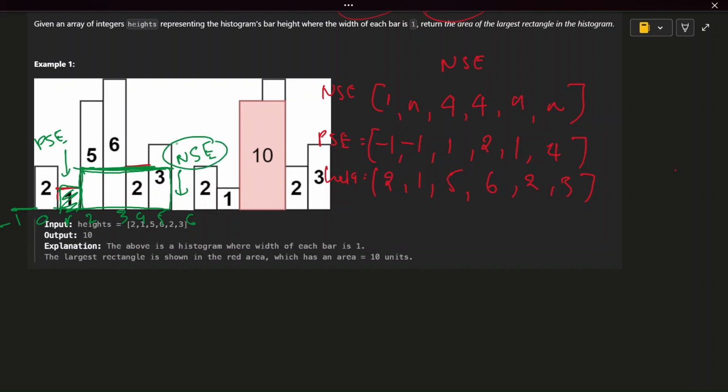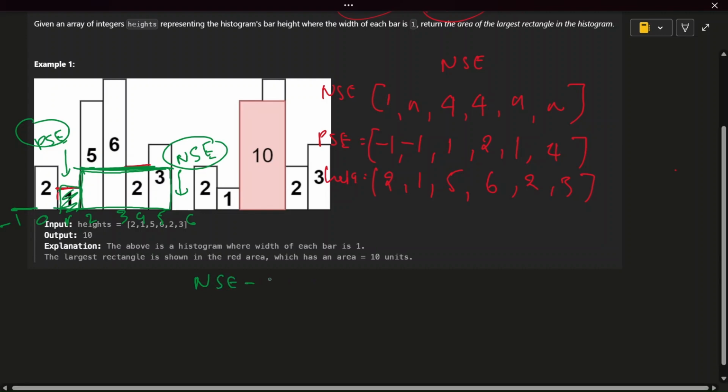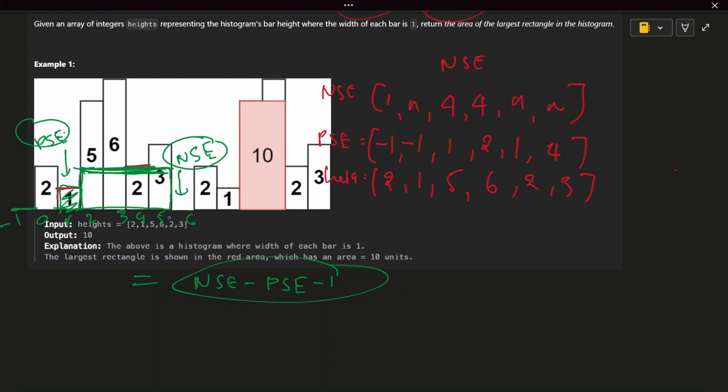This is nothing but NSE minus PSE minus 1. This will be the formula to find the width of this part. We subtract 1 because it is index, so we will get the total width here.